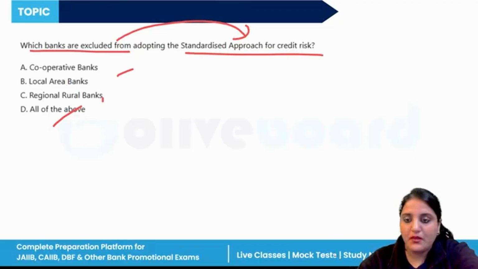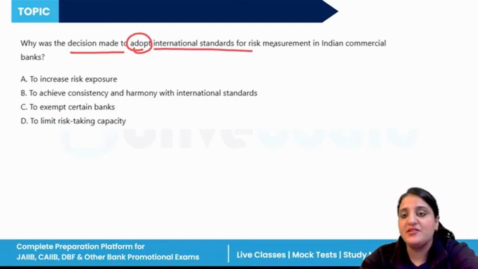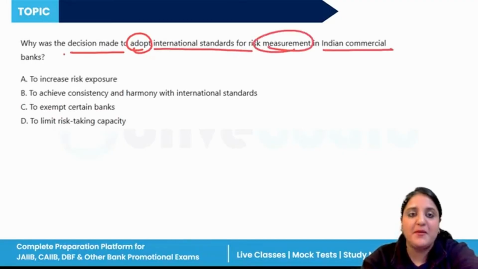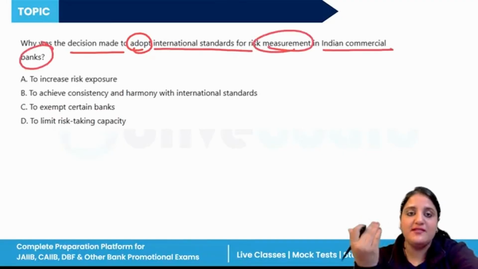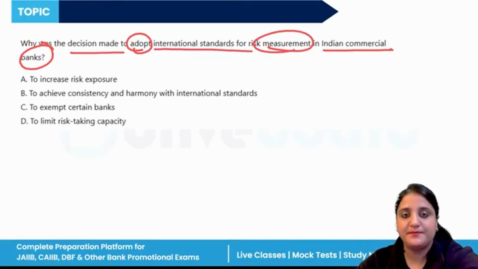Now, why was the decision made to adopt international standards for risk measurement in Indian commercial banks?